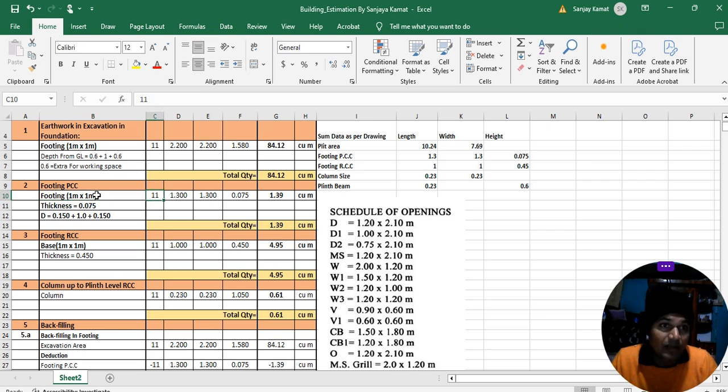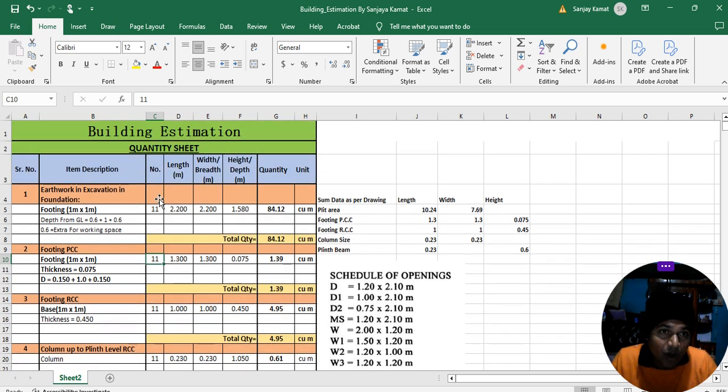For this footing, how much rod are we taking? Total number of rods should be 11, and the rod length should be how much? 1.300 meter.